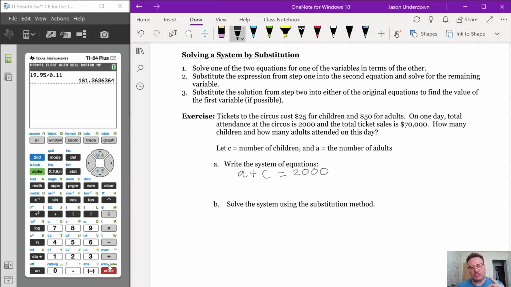That gives me a dollar amount. Then I add that to the revenue from children's ticket sales, and I get the total revenue from ticket sales. So $50 per adult plus $25 per child has to equal $70,000.